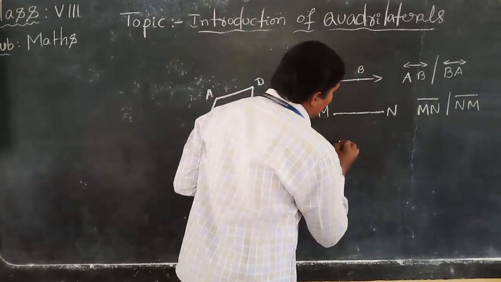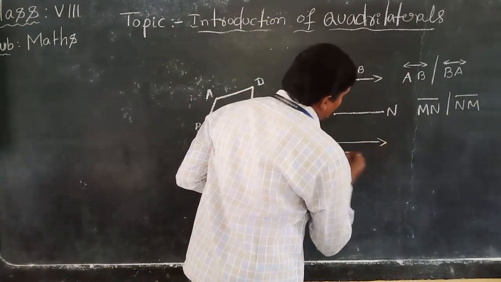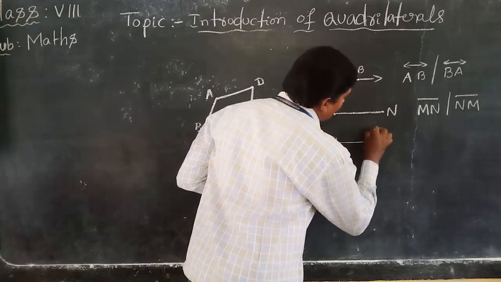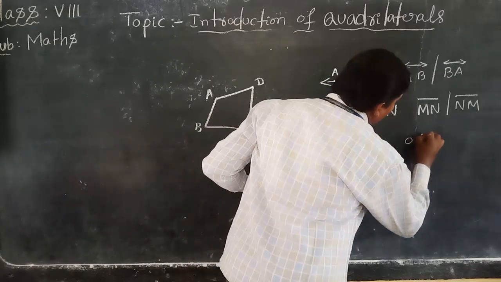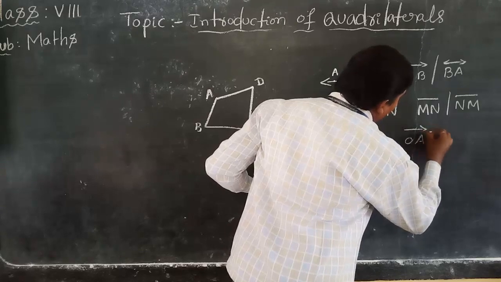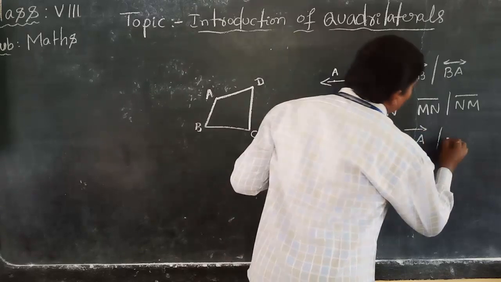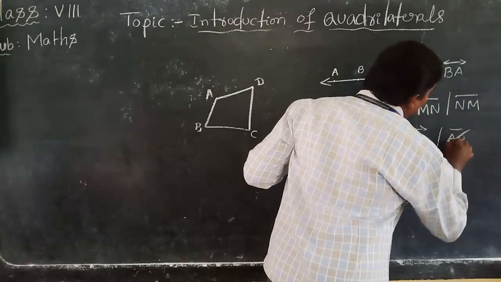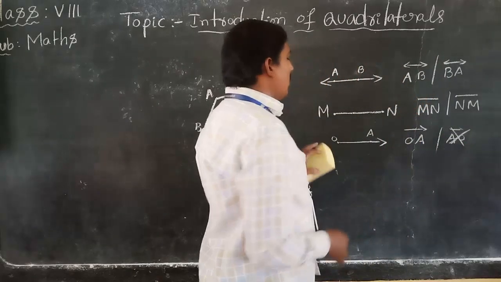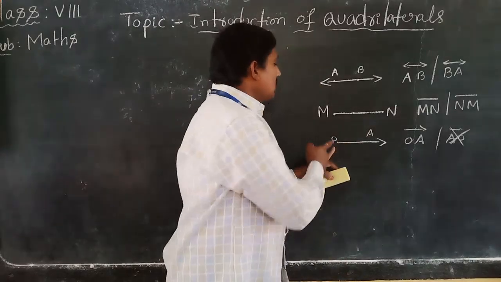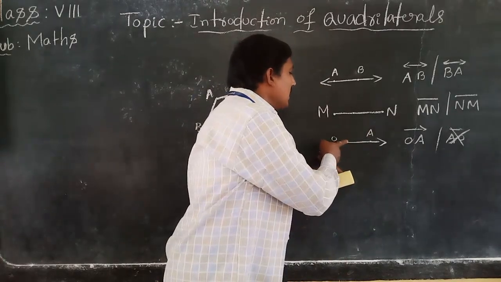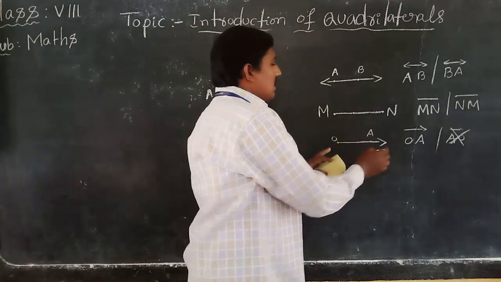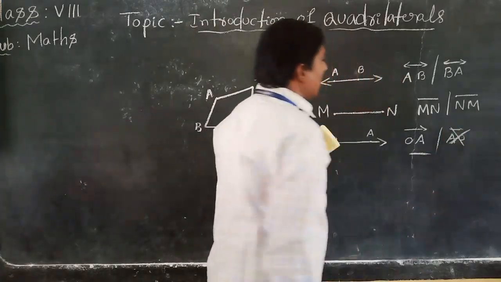For indicating a ray, this is an OA ray. AO ray is not possible here, only OA ray, because a ray has a starting point. A to O is not possible. Here only this is OA ray.